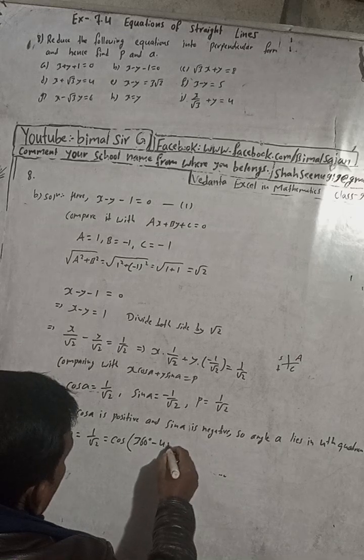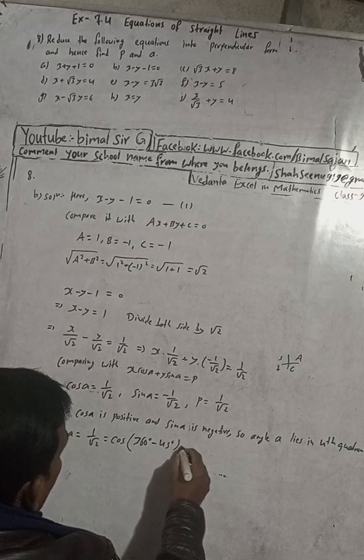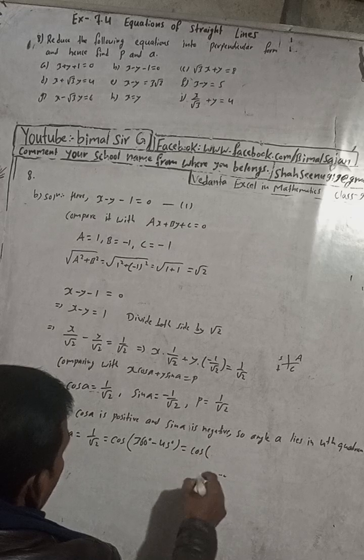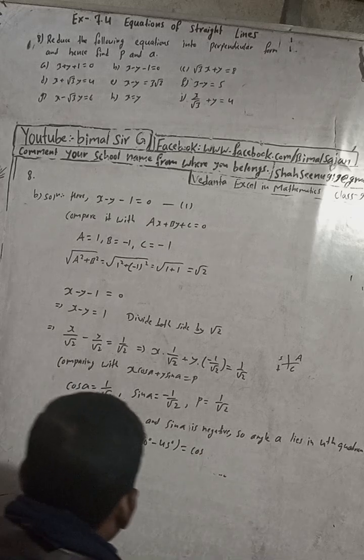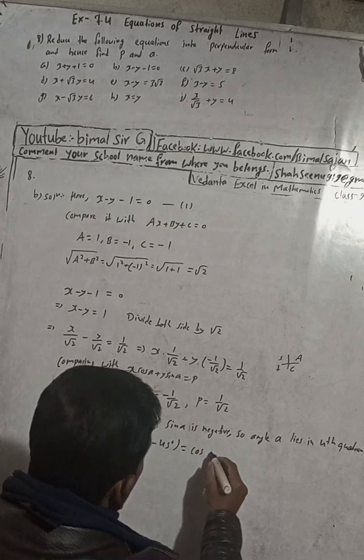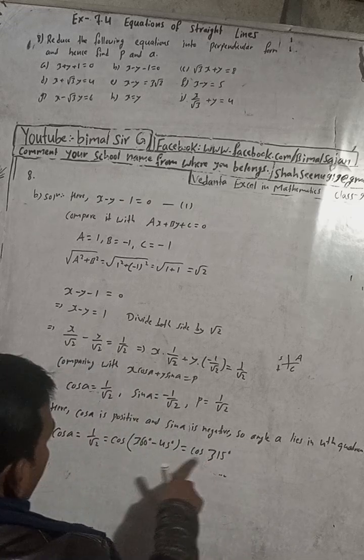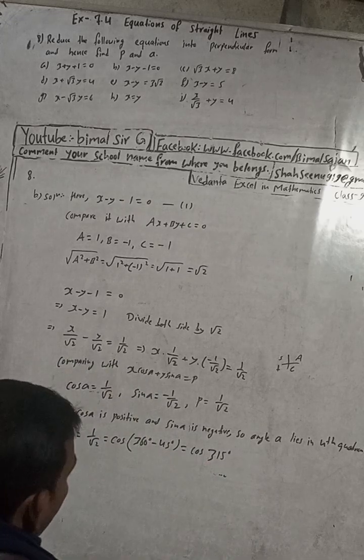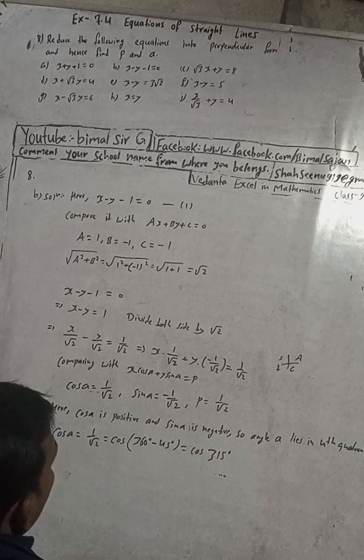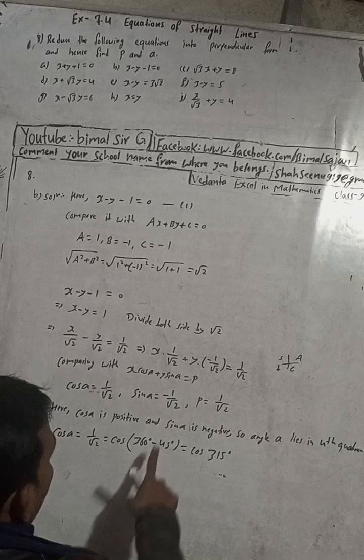So this can be written as cos of 360 minus 45, how much? 315 degree.